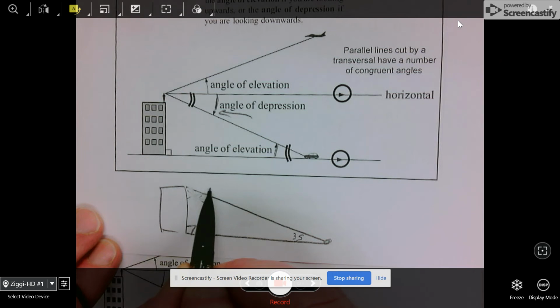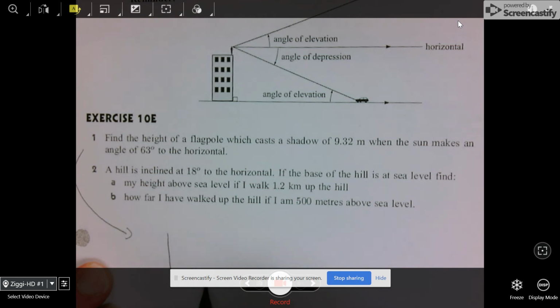Okay, so number one here. Let's find the height of a flagpole, which casts a shadow of 9.32 meters. So 9.32 meters shadow. Flagpole's here. And the sun makes an angle of 63 degrees to the horizontal.